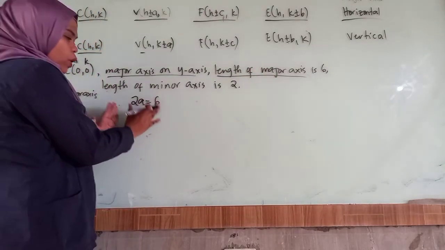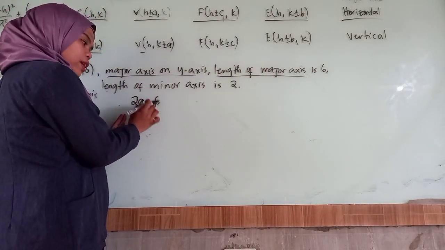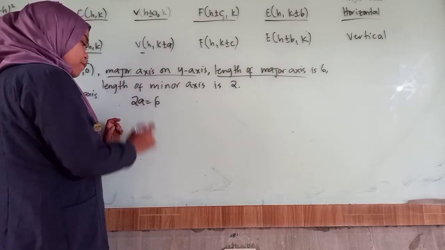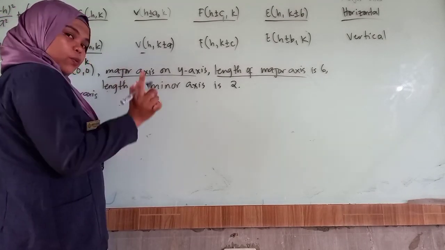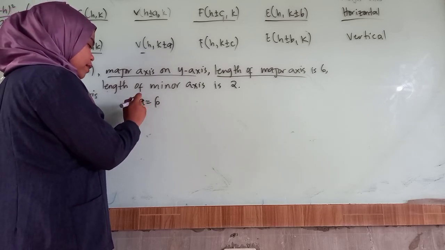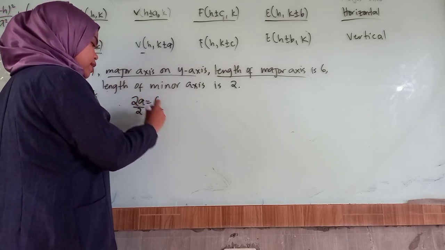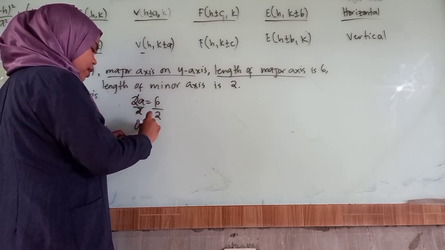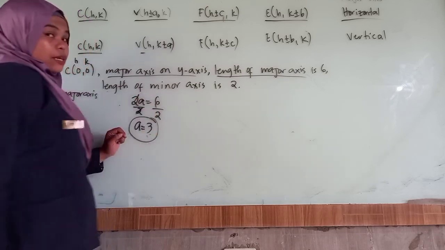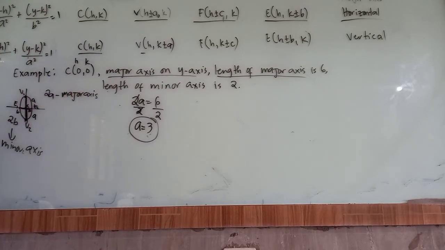So, in this equation, take note, we already have the equation kasi we use equal sign, no? So, kailangan kunin yung value ng A. So, in what way? You just have to divide both sides by 2. Kasi ang kailangan natin kunin ay yung value ng A. So, that is A is equal to 3. So, nakuha ko na yung value ng A.